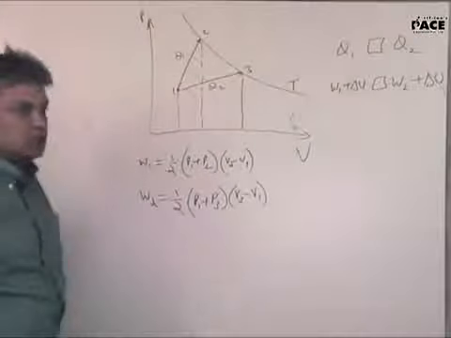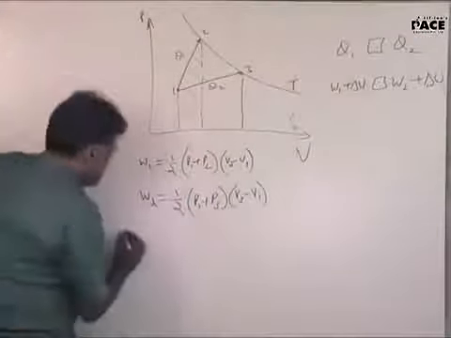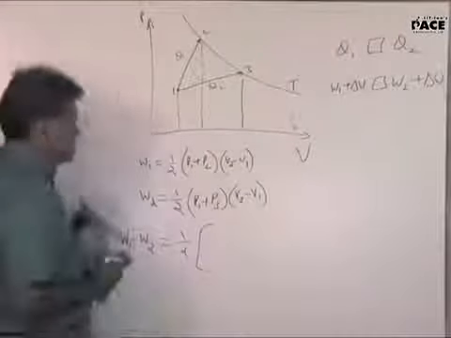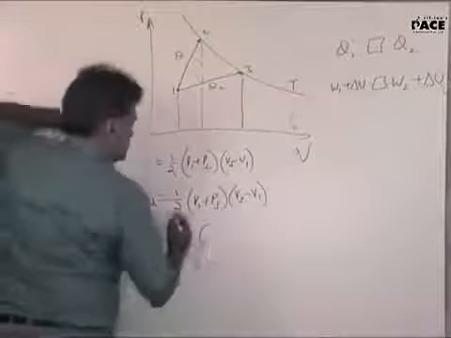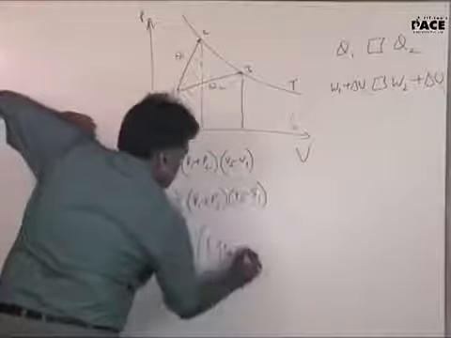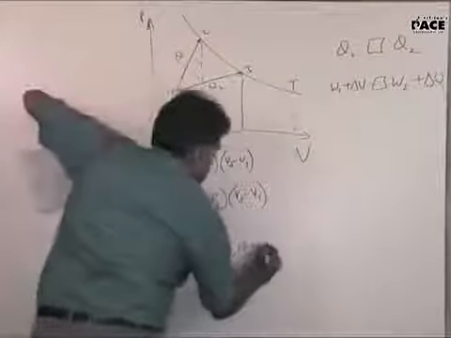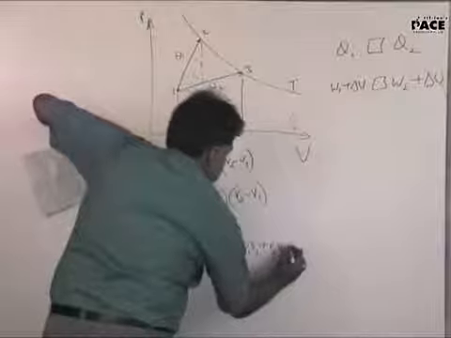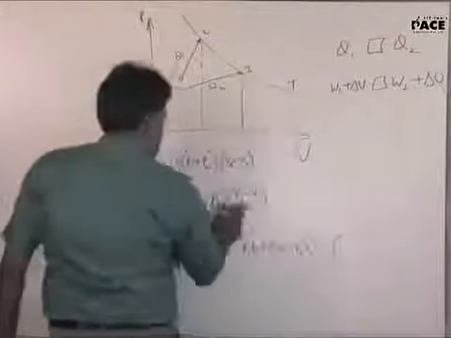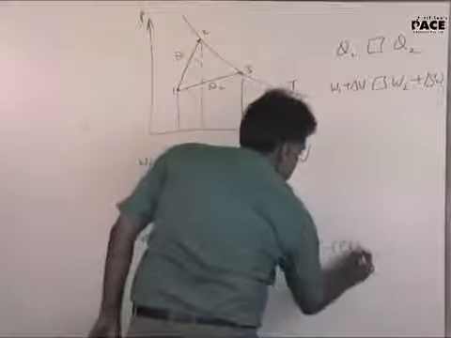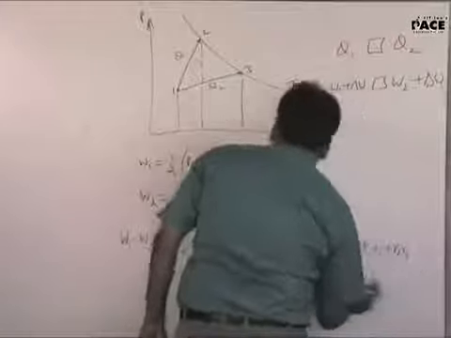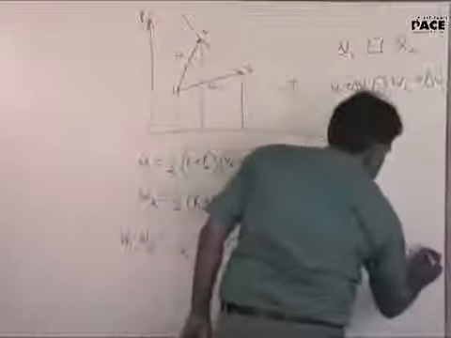Now let us find W1 minus W2, which is half of P1 V2 minus P1 V1 plus P2 V2 minus P2 V1, minus P1 V3 minus P1 V1 plus P3 V3 minus P3 V1.